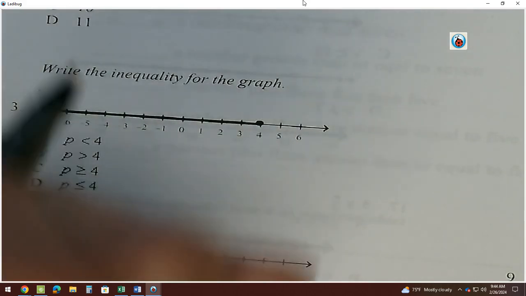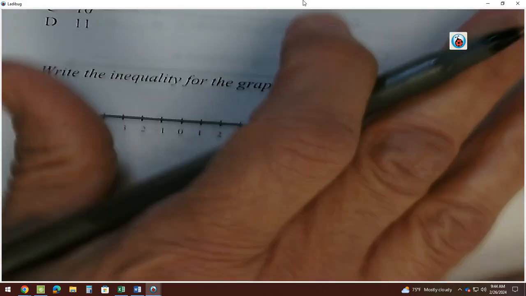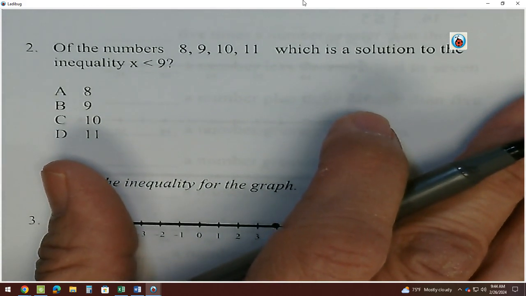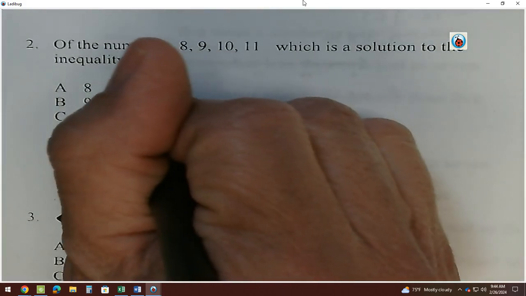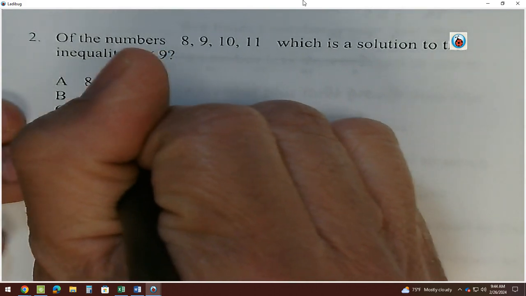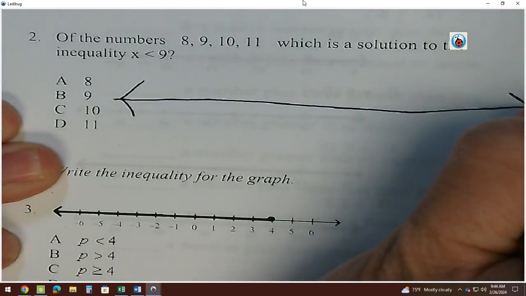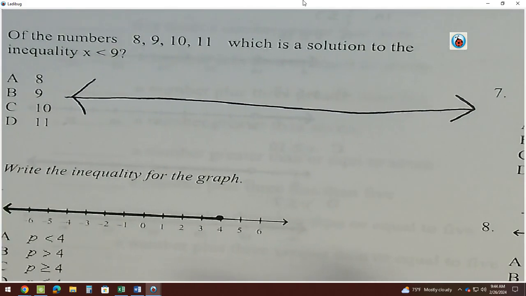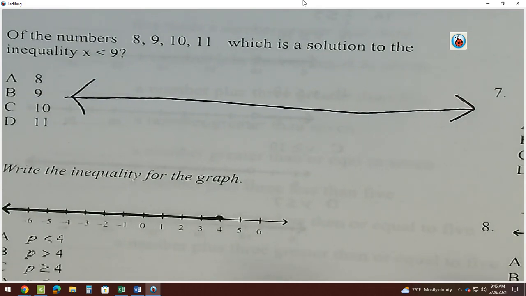Number 2. Okay. Number 2, we have x is less than 9. So let me draw my number 9. And where do I put the 9? On the right side or on the left side? Over here, on the right side, because we're going to go to the left again.